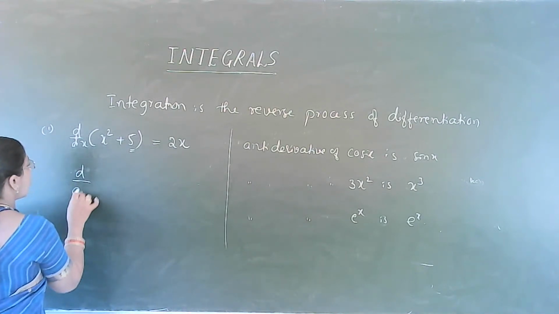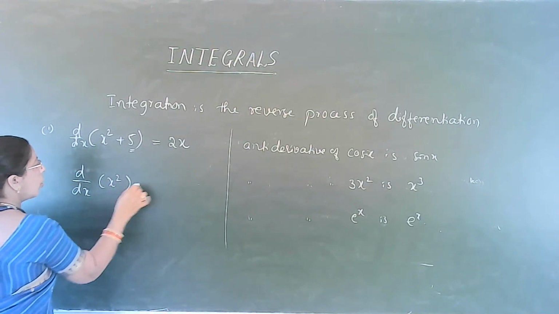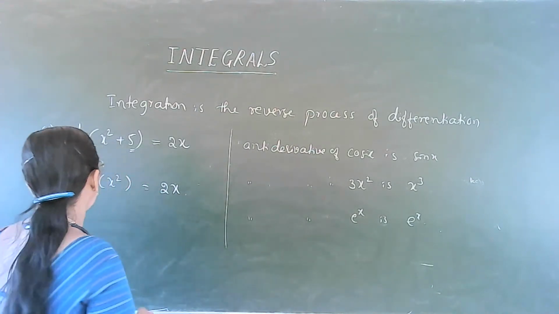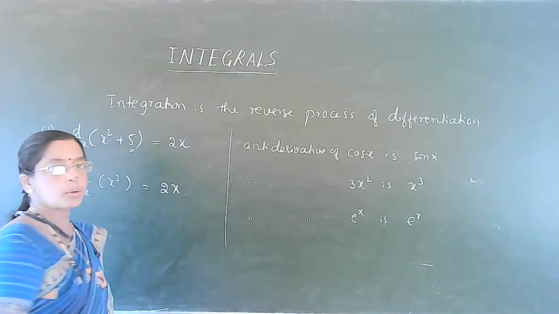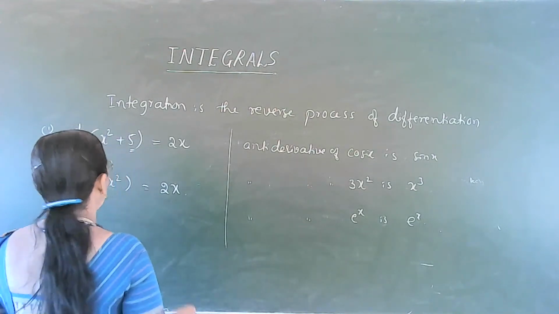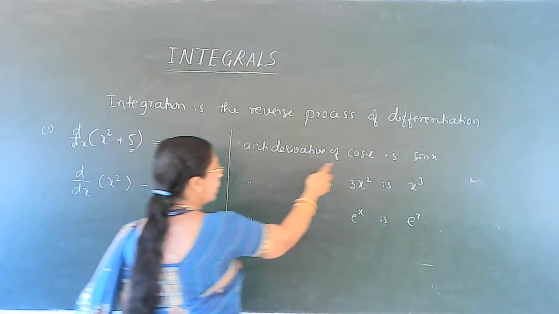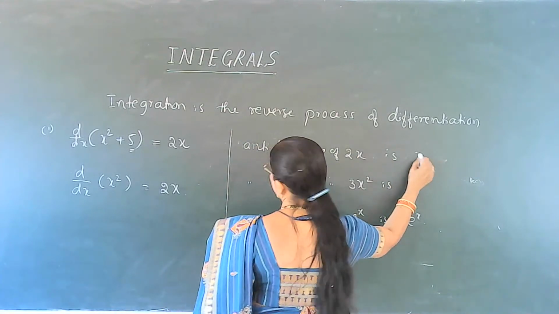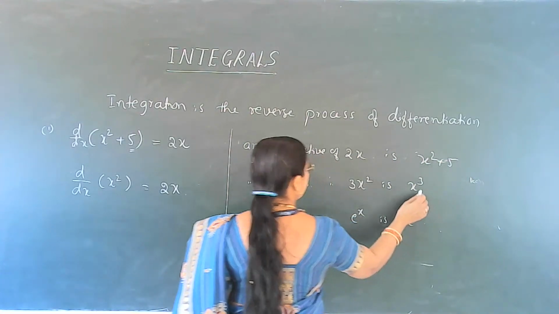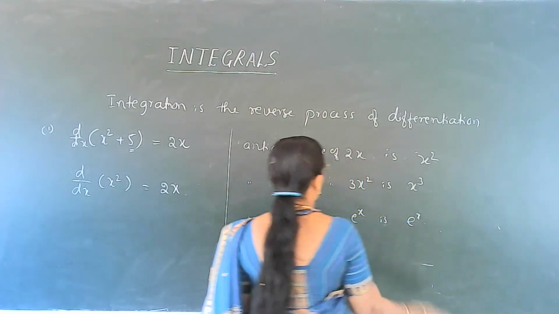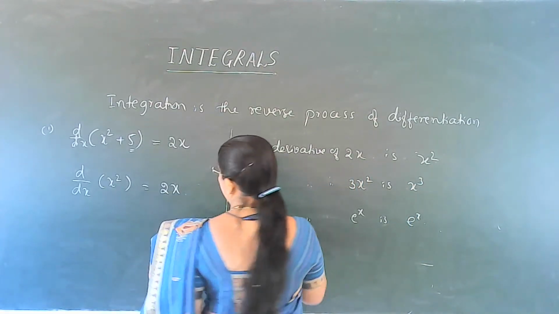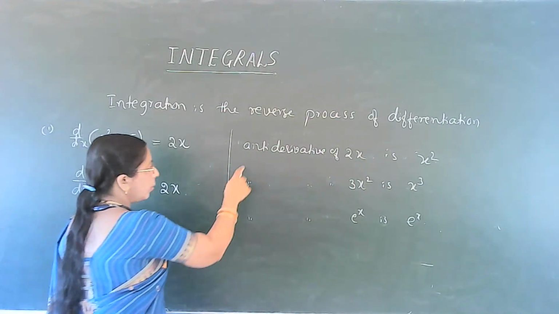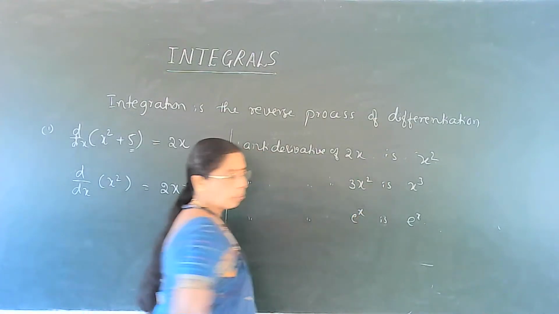Here d by dx of x square also is equal to 2x, and x square plus 5 also gives 2x. If we write the antiderivative of 2x, here it is x square, here it is x square plus 5. But the antiderivative of 2x is x square.